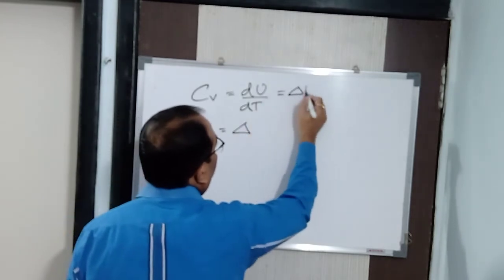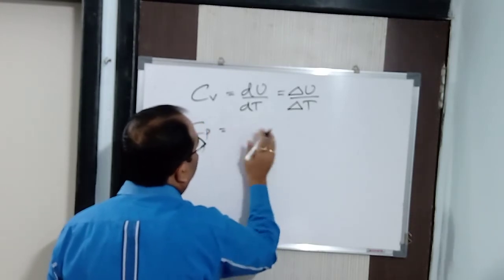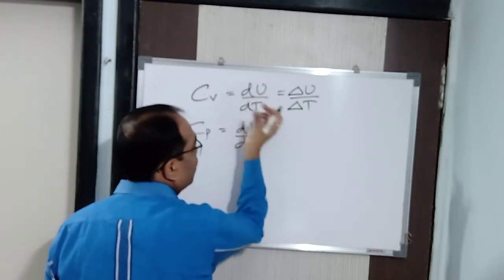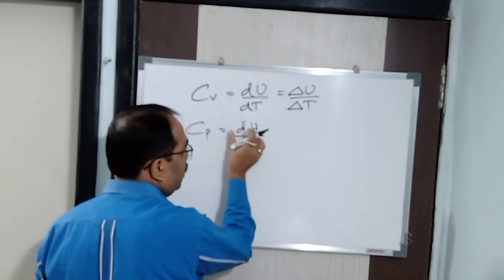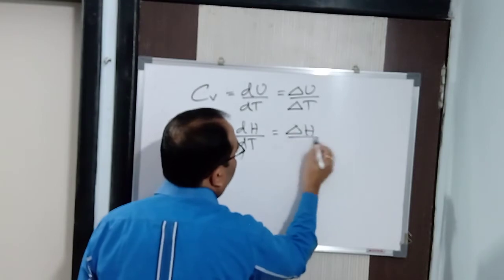We can also say delta U by delta T. Here we can say dH by dT, a small change in enthalpy and a small change in temperature, or delta H by delta T.